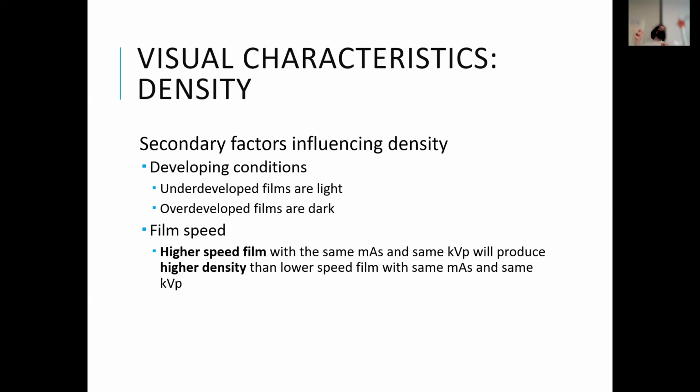Lower speed film will produce a less dense image. That's probably not going to apply to you very often, because you're not going to use traditional film nearly as often. Any office I've worked in that used traditional films always bought faster speed film. I never used slower speed, so it's not super relevant, but it's important to know, I suppose, maybe for boards or something.